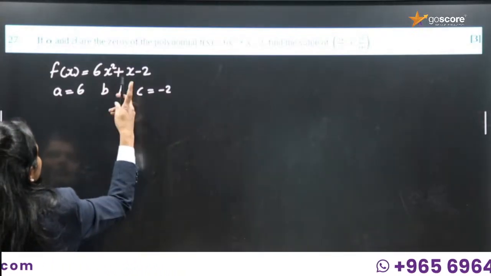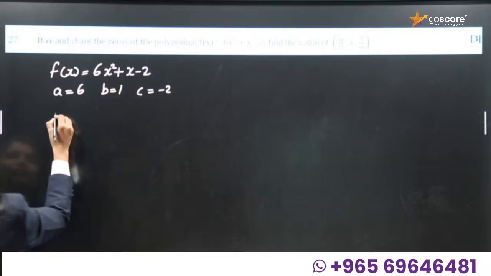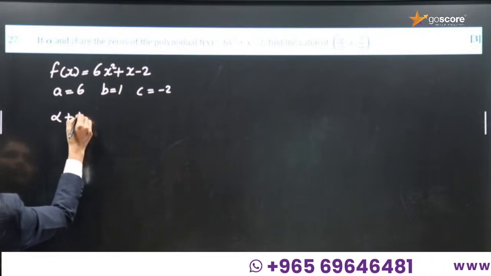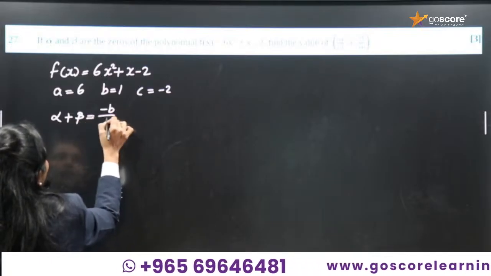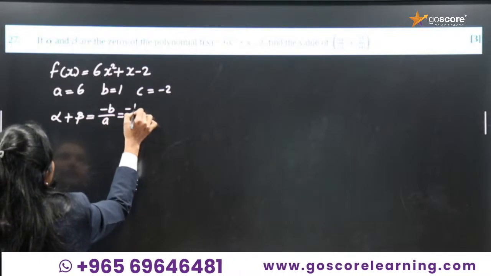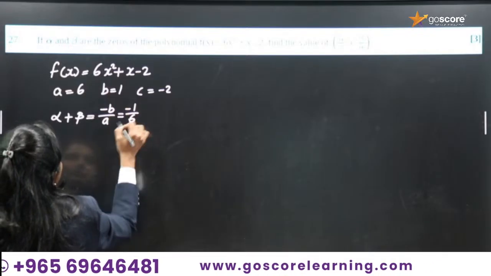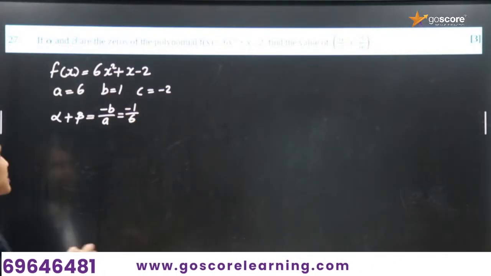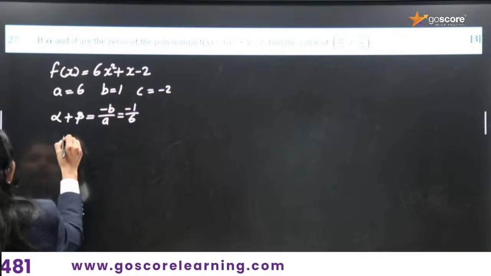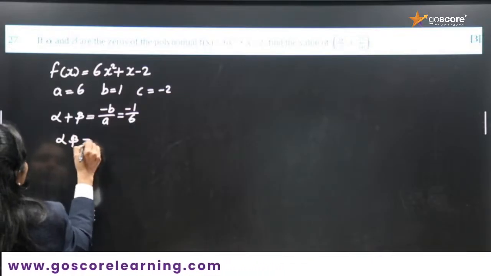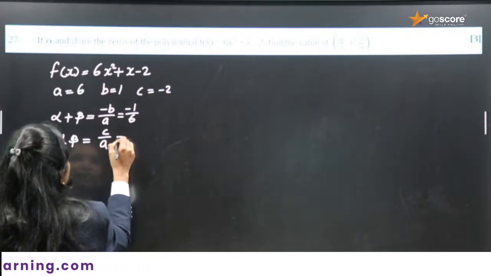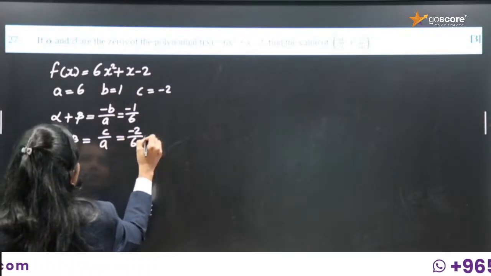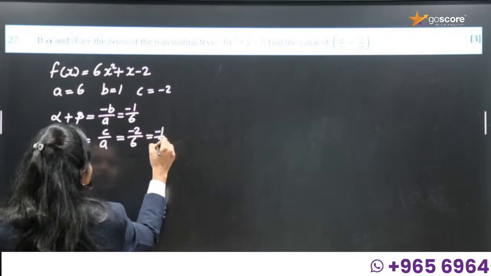Now we will find the sum of zeros. Alpha plus beta is equal to minus B by A, that is minus 1 by 6. And alpha beta, the product of zeros, will be C by A, that is minus 2 by 6. When we simplify it, we will get minus 1 by 3.